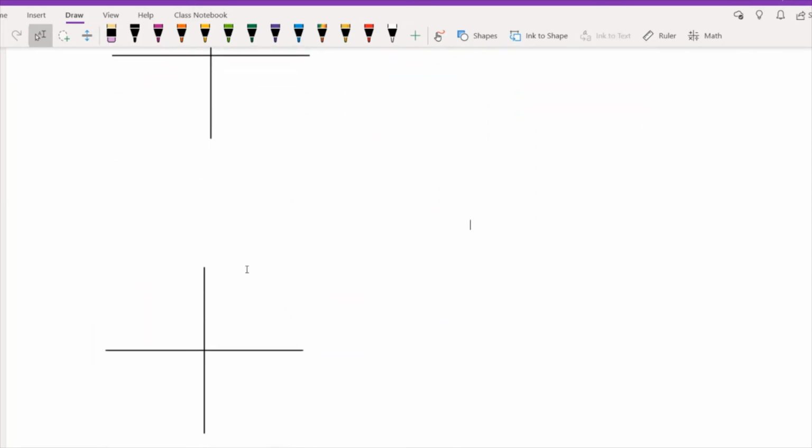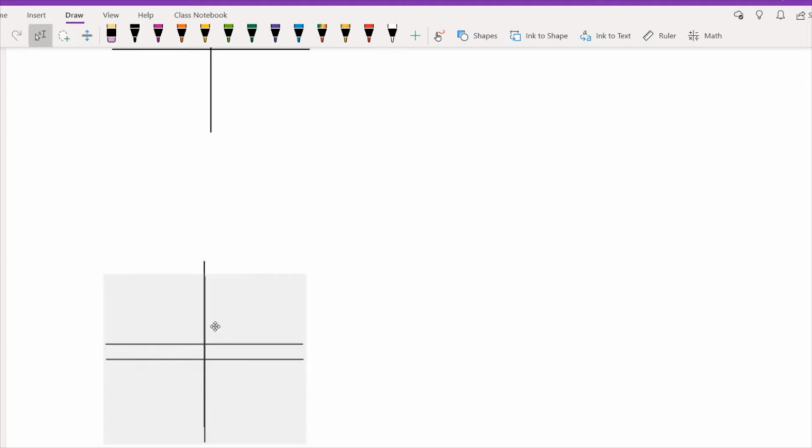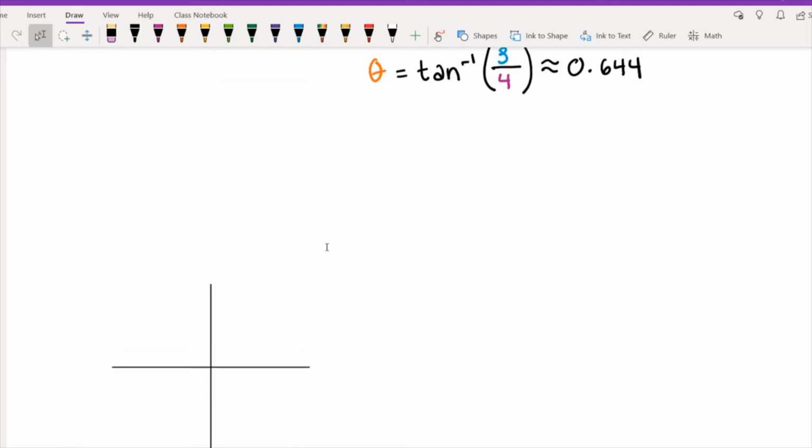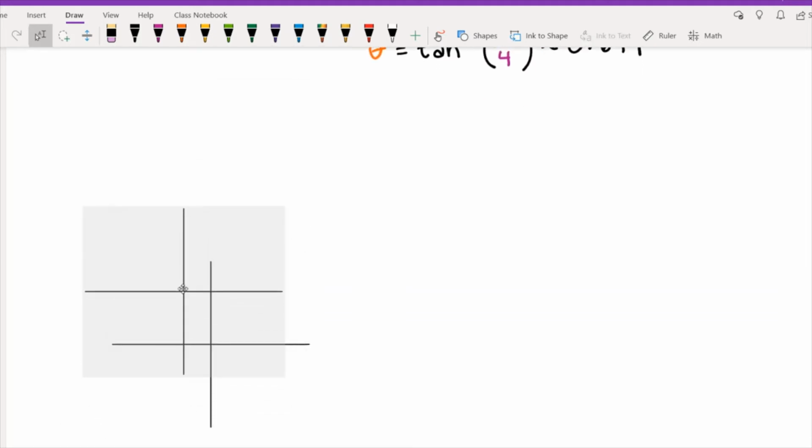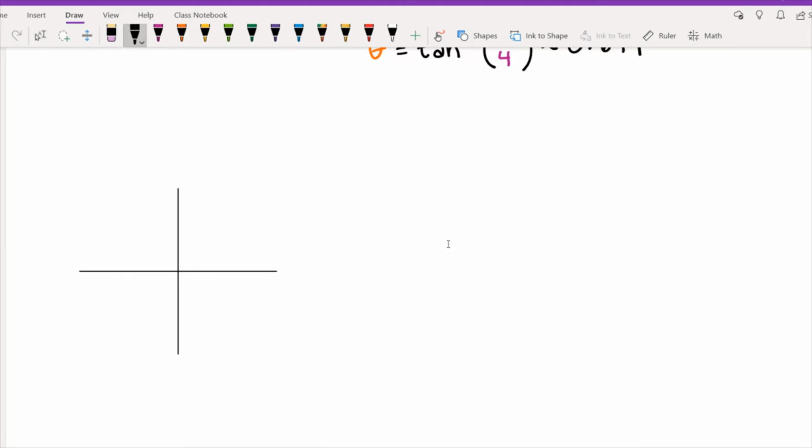Okay, so I want to just write down what we just did in general, because everything we just did, you can do for any point in polar coordinates. So in general, if you have a point in rectangular coordinates, where the coordinates are x, y, and you're trying to figure out what is r and what is theta.